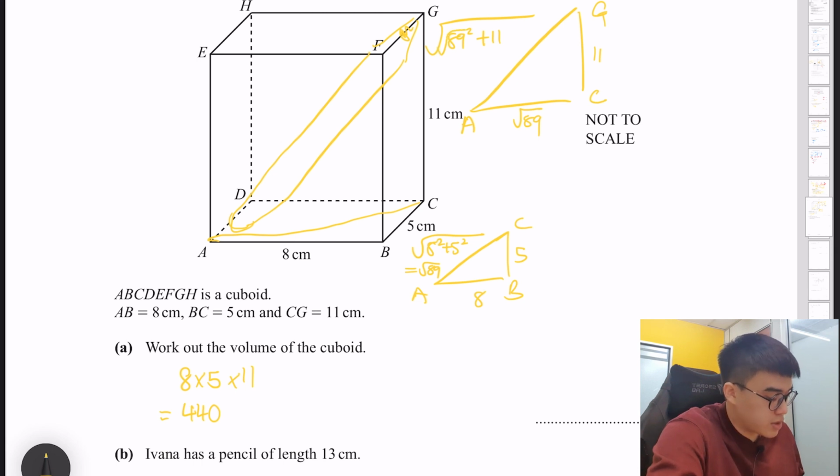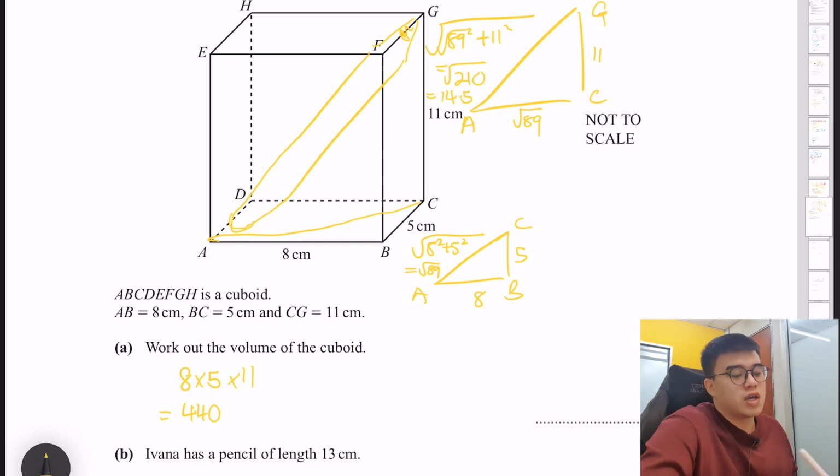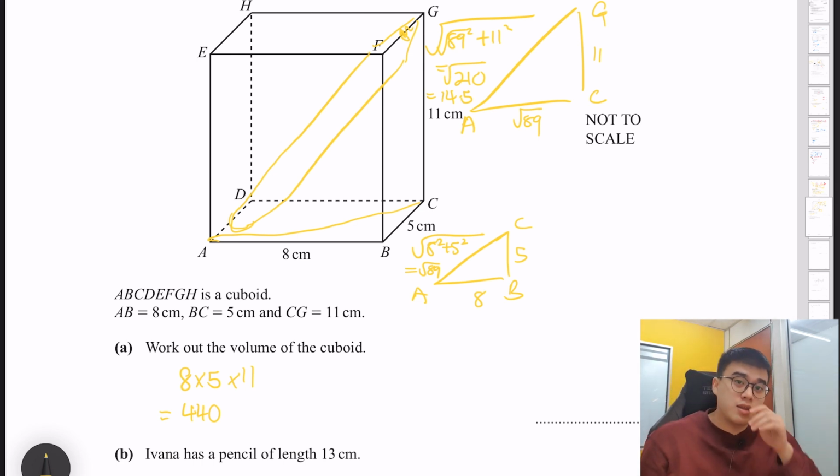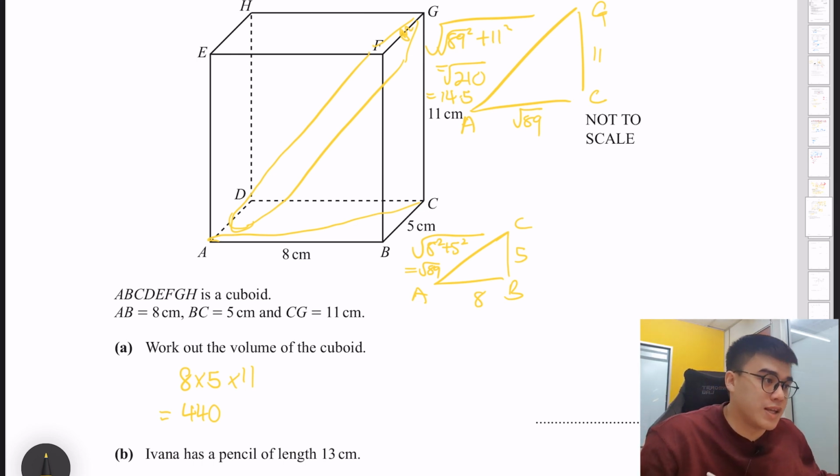Okay, remember it's a square root. You will get the result as square root 210, which translates into 14.5 centimeters. So with the pencil being measured at 13, it can fit completely.